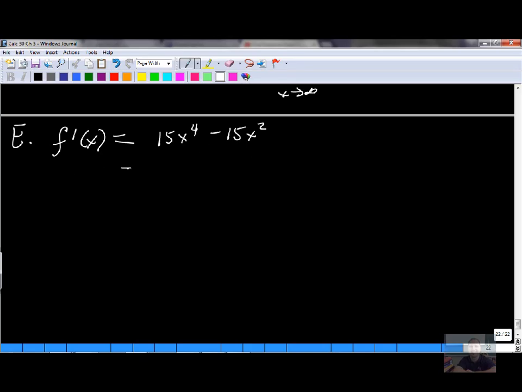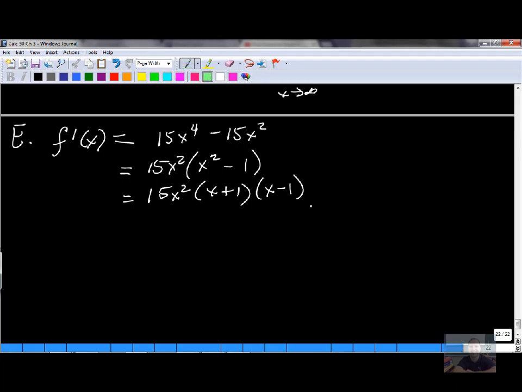Well, if you factor that, you take 15x squared out, and you've got x squared minus 1, and we factor that as a difference of squares. Of course, you do your sign analysis, and you can find out fairly easily where the zeros are.